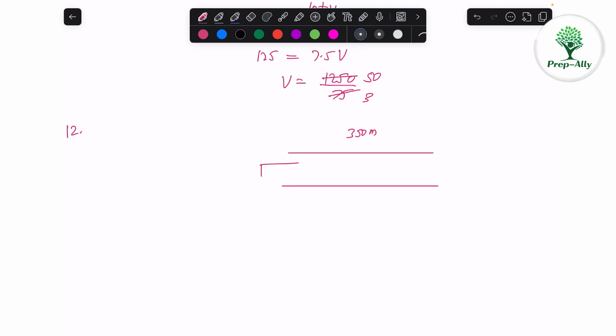So till the train reaches here, this is like 100 and this is 100. So when the train was from here to here, the speed was 8 meter per second. So how much time will it take for the train to move from this green to this red? So this time will be distance by speed, 100.